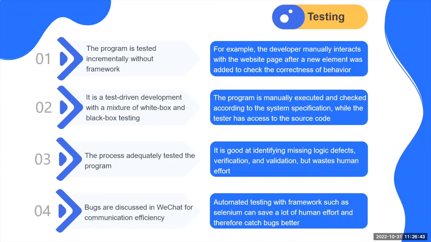In consideration of communication efficiency, the bugs are discussed through the WeChat channel instead of pushing into GitHub. In our process, bugs are mainly caused by humans. Definitely, an automated framework such as Selenium is more desirable to mitigate the tediousness derived from repeated tasks and therefore improve the testing.